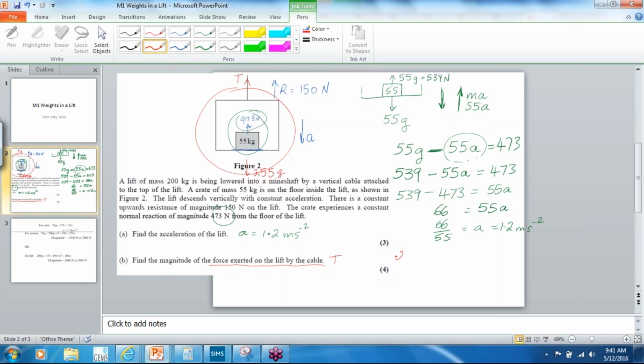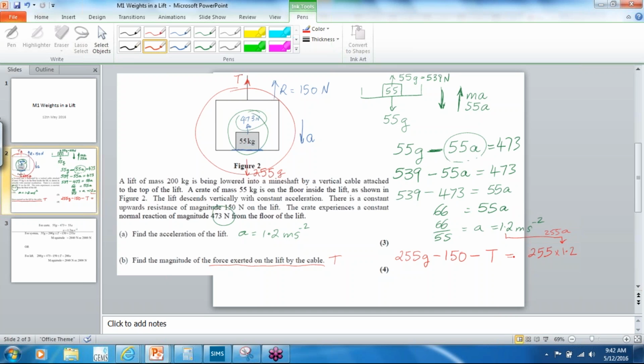We've got 255g force down, take away our resistance force, 150, take away our force opposing that in the cable of T, and that will equal our overall mass times acceleration, which is 255 times A. We already know what A is, and it is 1.2.